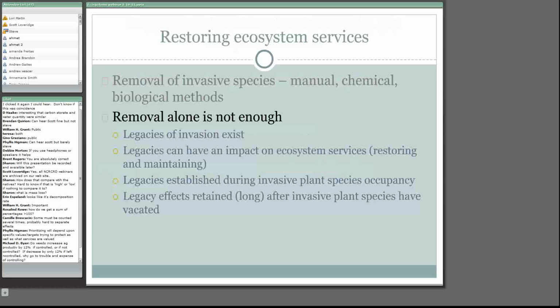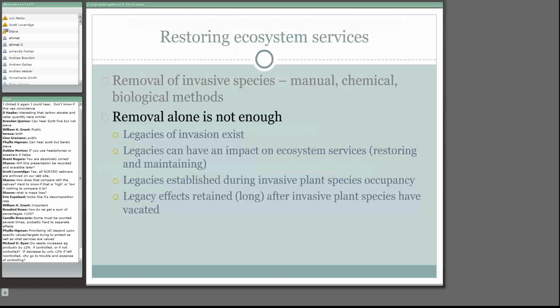Because legacies, the lasting effects of invasive plants, exist. Legacies such as changes in soil structure, changes in contribution of propagules to the soil seed bank, the effect of a monoculture of invasive plants, eliminating or reducing a native plant. That is a legacy that occurs and establishes during an invasive plant species' occupancy, kind of like moving into an apartment.